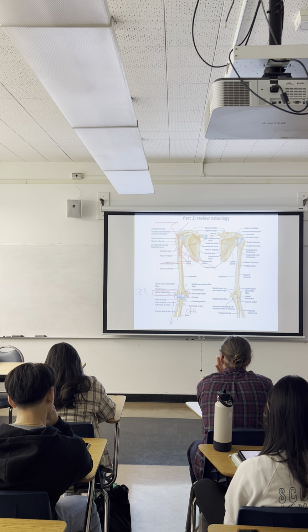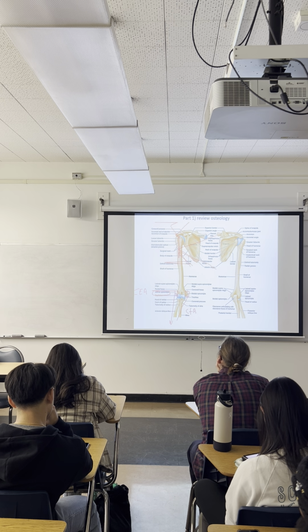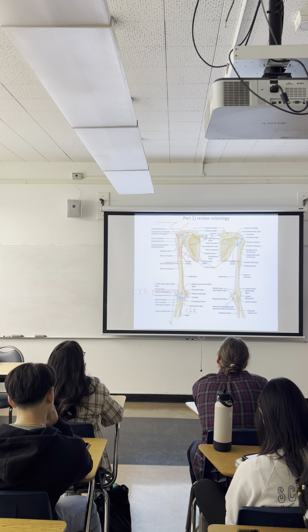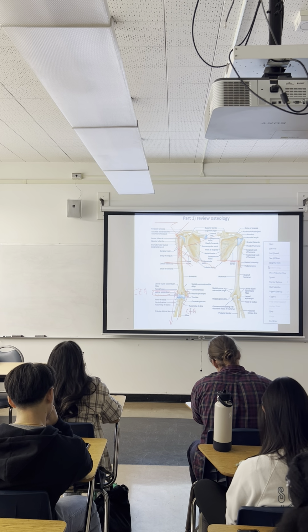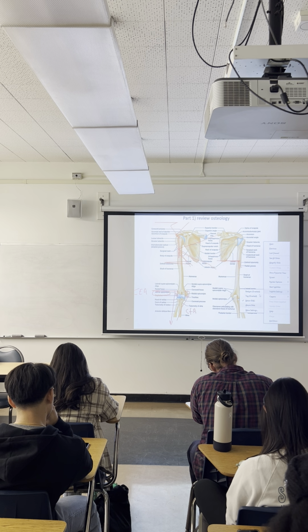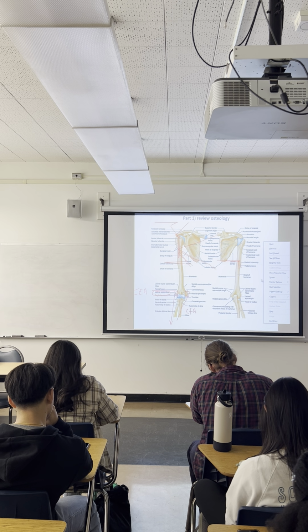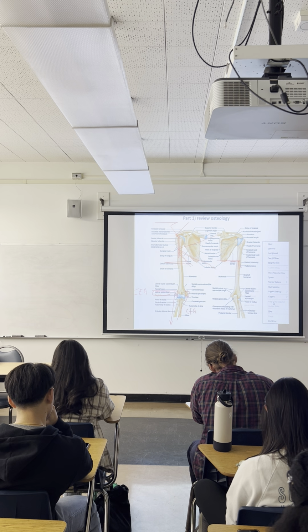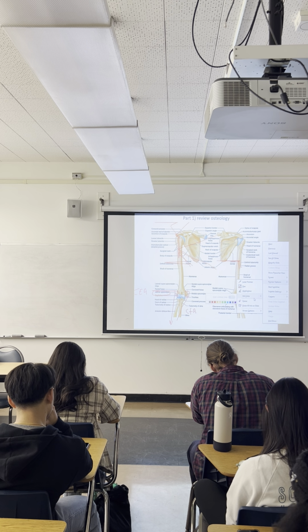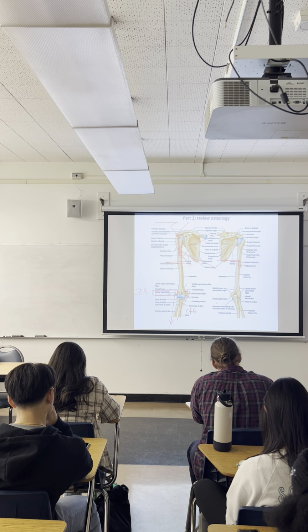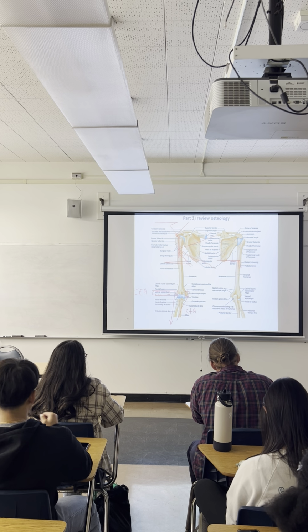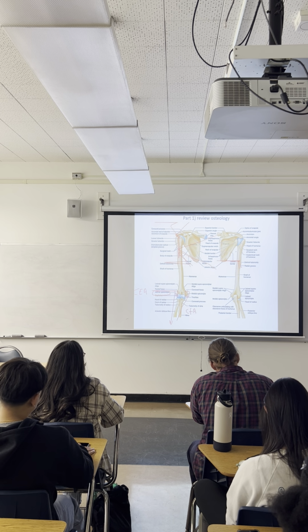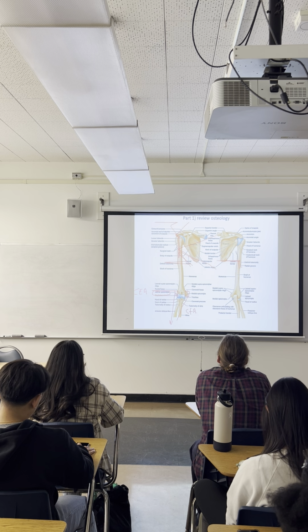Some new things. If you look at the posterior humerus, there's a little groove for the radial nerve. So the radial nerve comes off the posterior brachial plexus and travels back here.